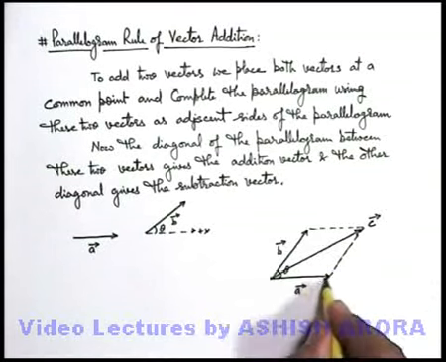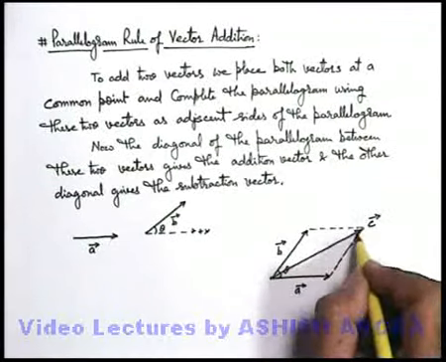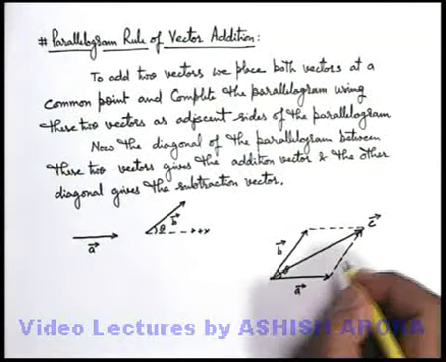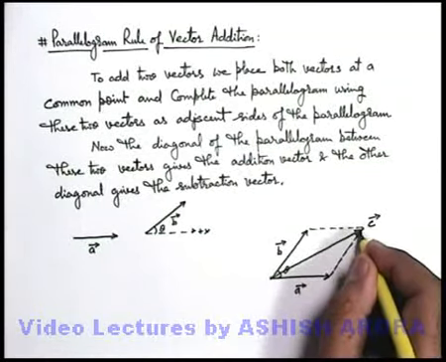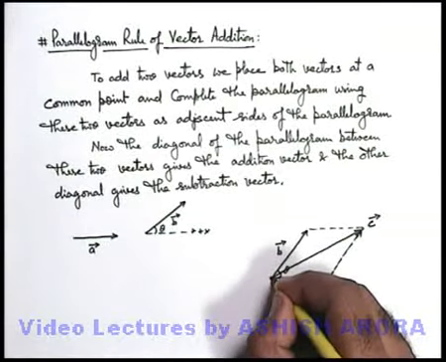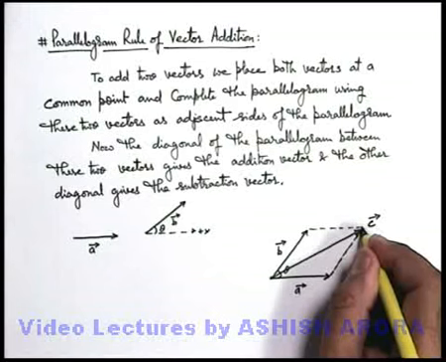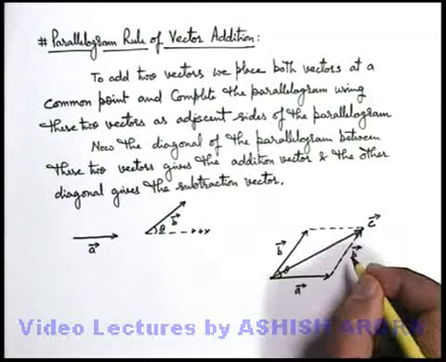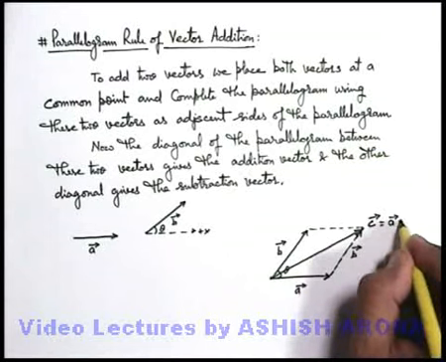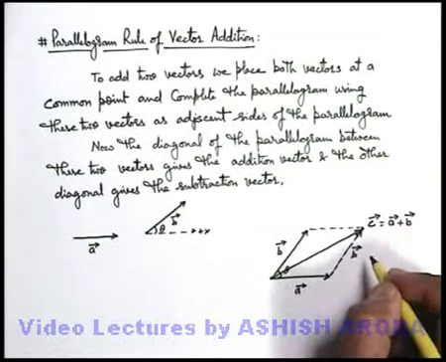So if this is vector A and we displace vector B here, this will be vector B. If vector A and vector B are drawn one after another, the resulting vector will be drawn from the starting point of A to the end point of B. So we can simply state this vector C is giving us the addition of A vector and B vector.